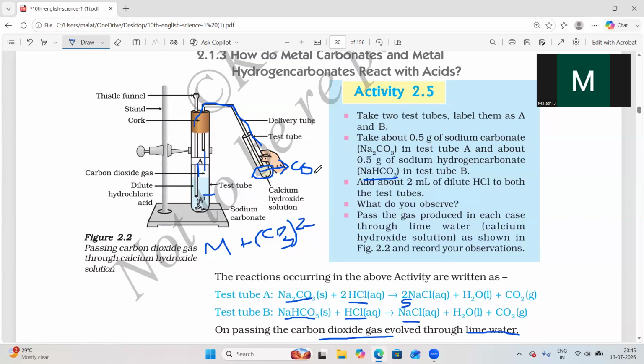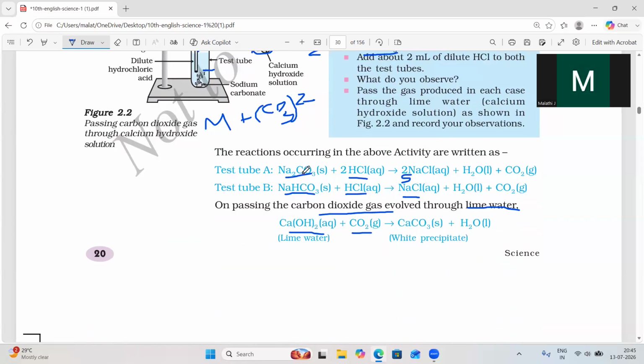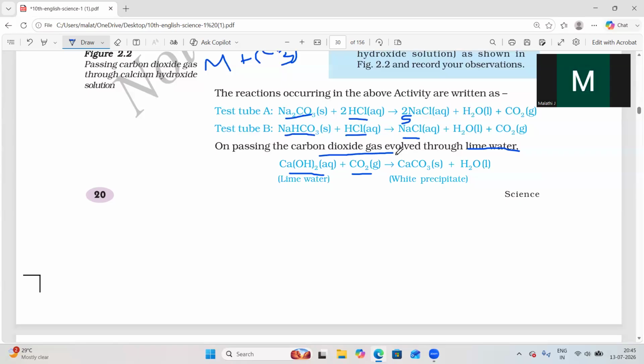Before, we found hydrogen gas by using the pop test: when it catches a fire, we get the pop sound. Here, by the calcium hydroxide solution turning milky white, that is, by passing carbon dioxide gas to the lime water, which means calcium hydroxide solution, you will get a white precipitate.